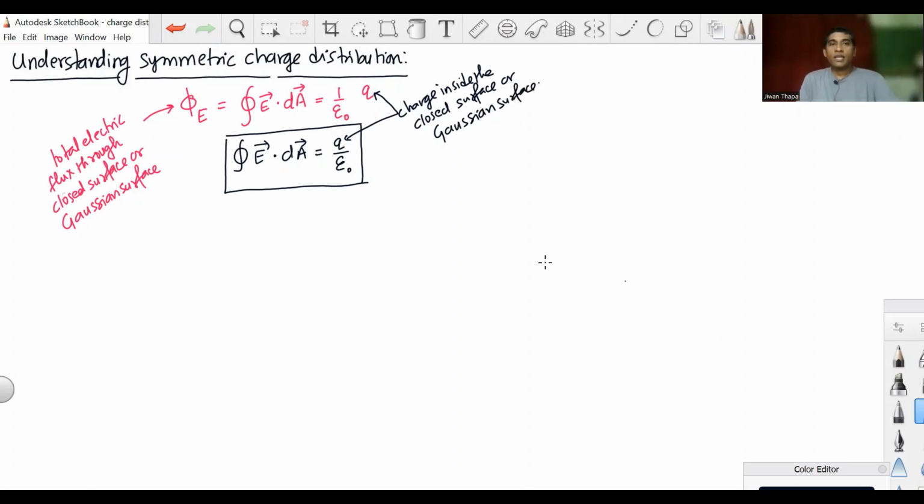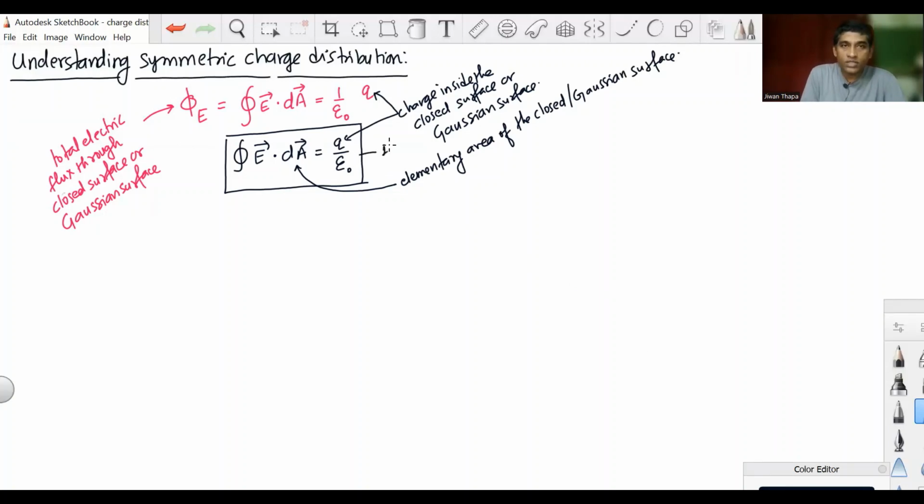And this is vector area, the elementary area of the closed or Gaussian surface. So we need to note this and let us call it equation 1.